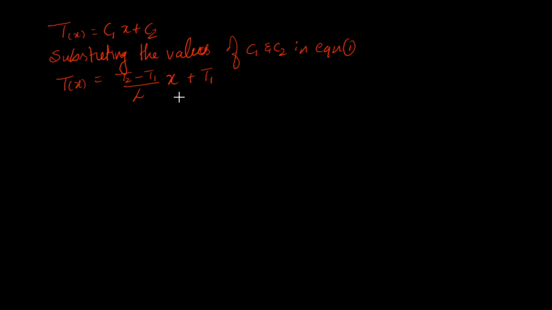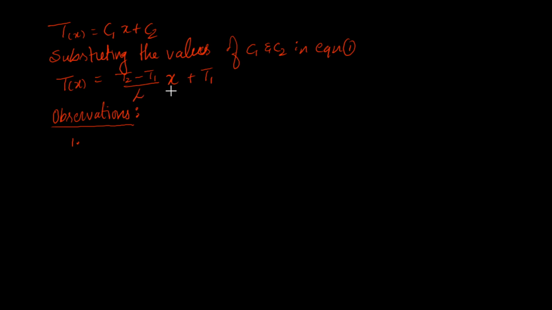Now, by looking at this equation, we have two observations that can be made. First one is, we can see that the temperature distribution is linear. There is no power for x. So all other terms are constant here. T1 is fixed, that is the temperature on the left face. T2 is fixed, that is temperature of the right face of the slab, and L is the width of the slab, which is also fixed.